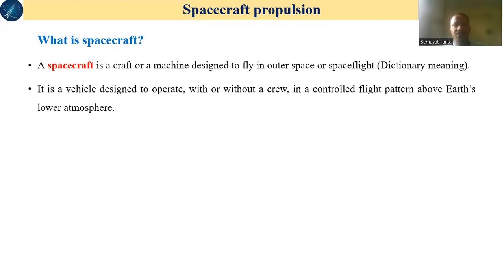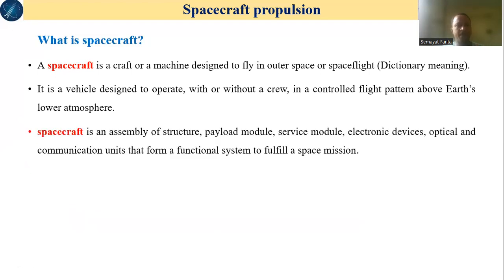It is a vehicle designed to operate with or without crew. Some spacecraft fly with crew, meaning people, and some without crew, in a controlled pattern above the Earth's lower atmosphere. What we mean by the Earth's lower atmosphere, we can see later.